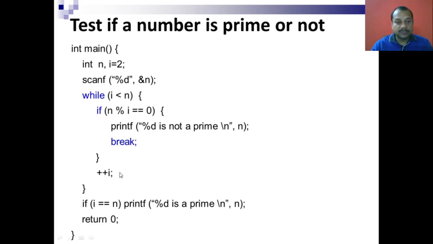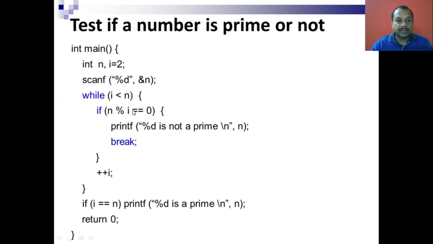When I break out of this while loop, then since I am breaking out of here, this condition is true, which means i is less than n. Breaking out at that point indicates that this number is not a prime. But if this condition is not true up to n minus 1, which means there is no number by which dividing n gives a remainder of 0, then it will not be tested as true.